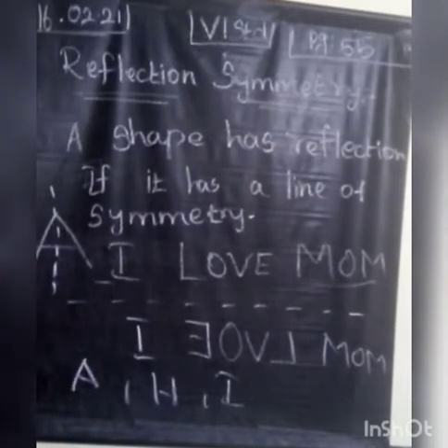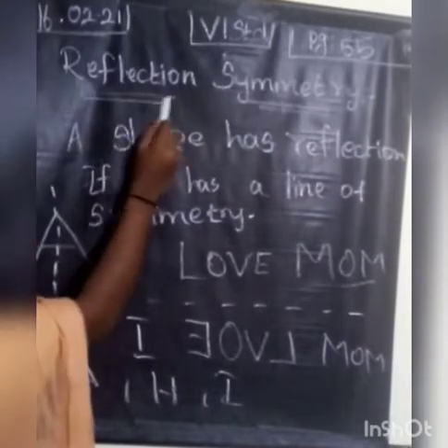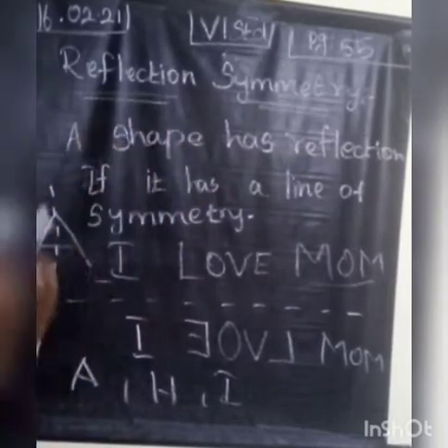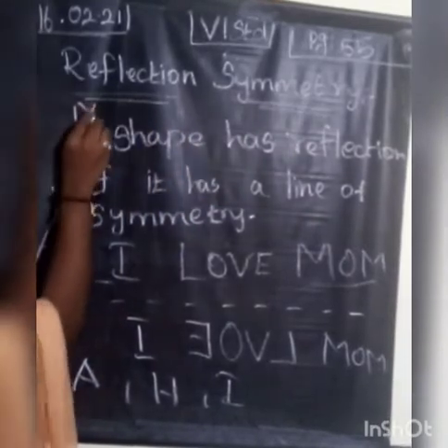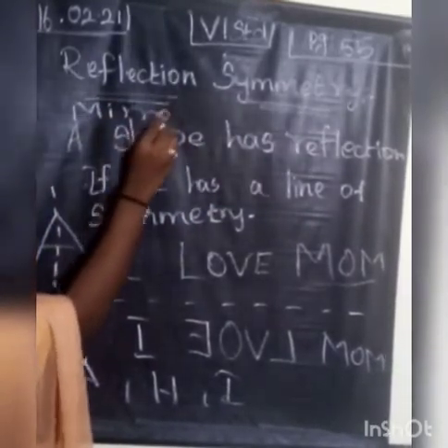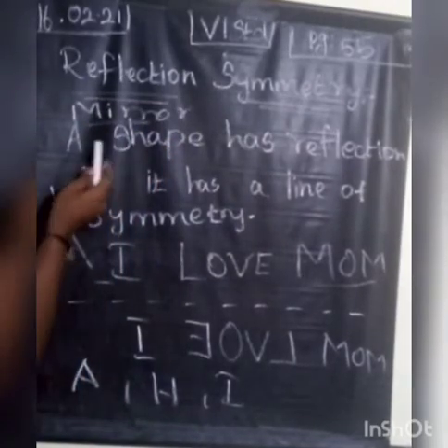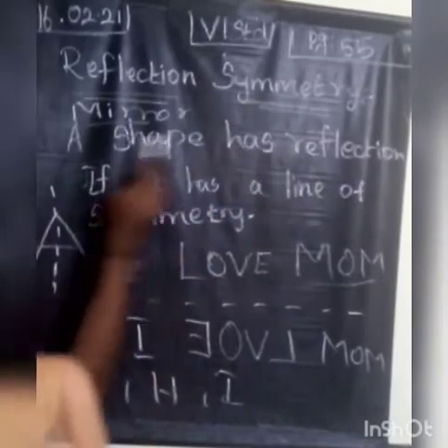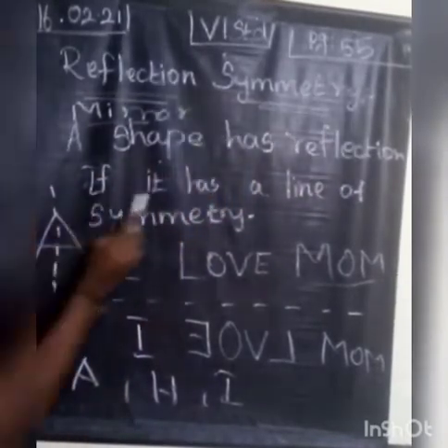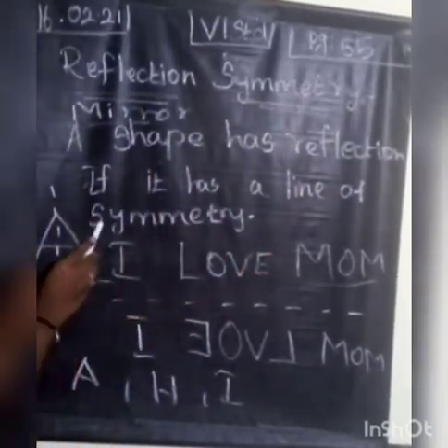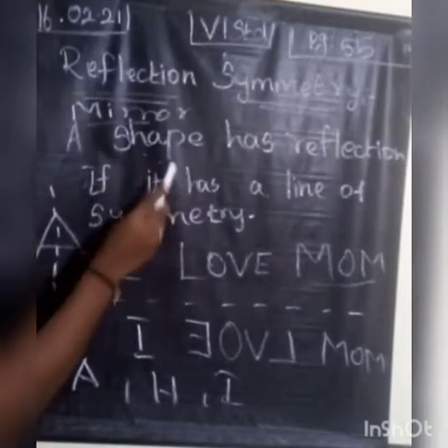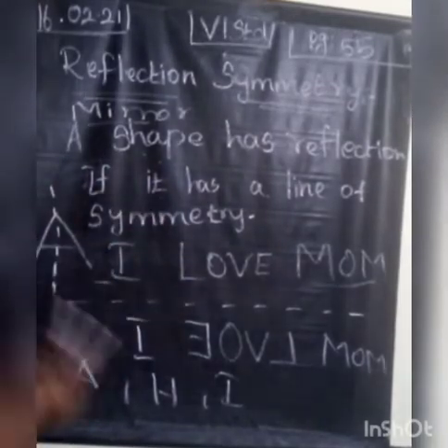This is known as reflection symmetry or mirror symmetry. Note the point: a shape has reflection symmetry if it has a line of symmetry.